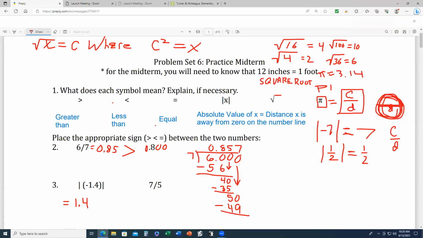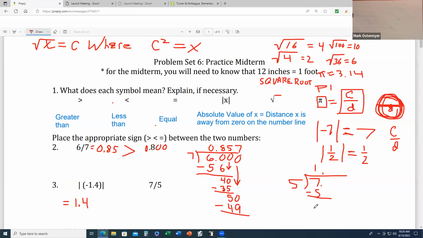So the question is to place the appropriate sign between the two numbers. We're trying to figure out which number is greater. 7/5. Well, we've got to divide 5 into 7 to find out, correct? Here we go. 5 divides into 7 one time.